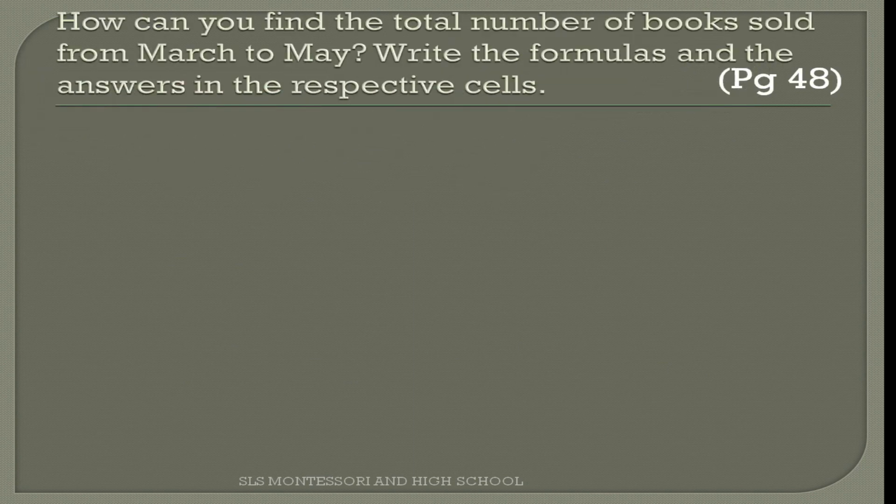Kindly open page number 48 and try to solve these with me. The question is, how can you find the total number of books sold from March to May? Write the formulas and the answers in the respective cells.